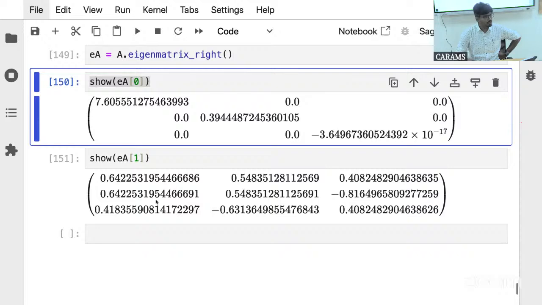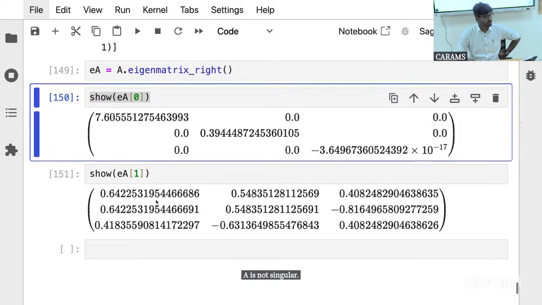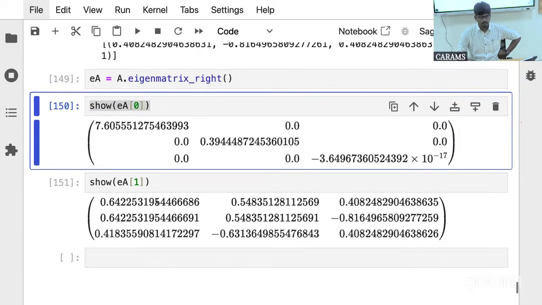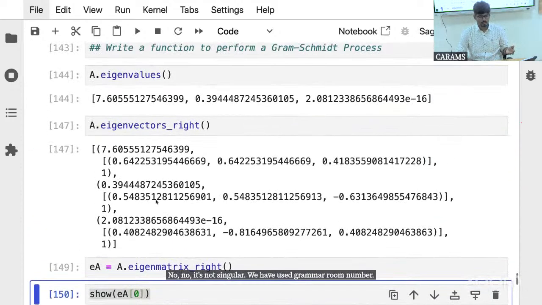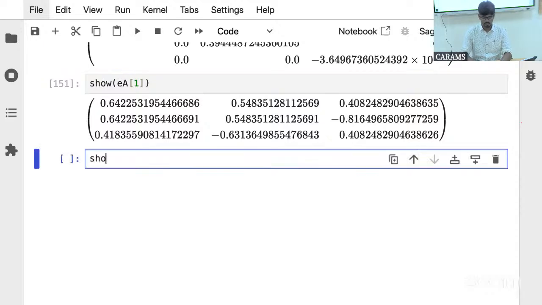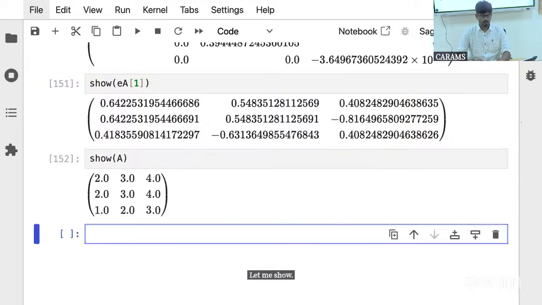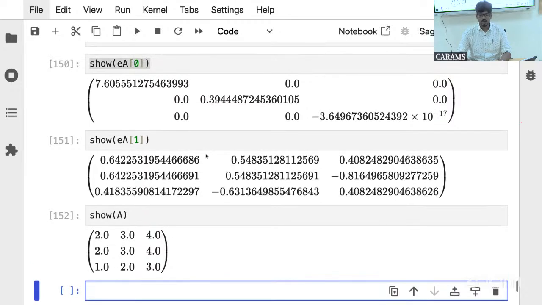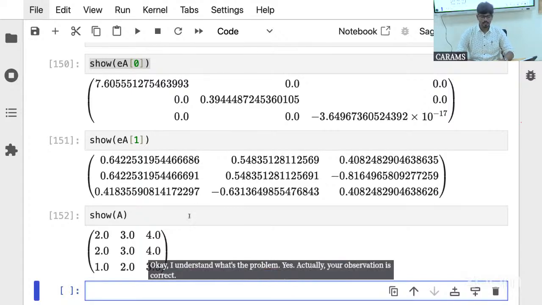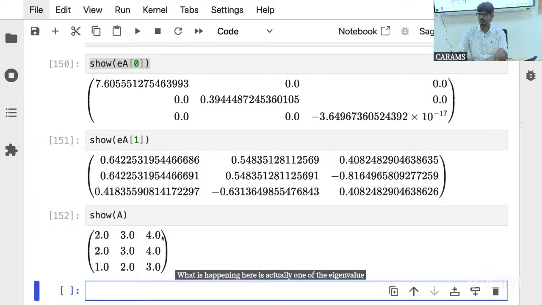A is not singular. No, A is not singular. We have used Cramer's rule, remember? Let me show. Okay. I understand what's the problem. Yes. Actually, yeah, your observation is correct. What is happening here is actually one of the eigenvalue definitely must be 0. You know that it's a singular matrix.